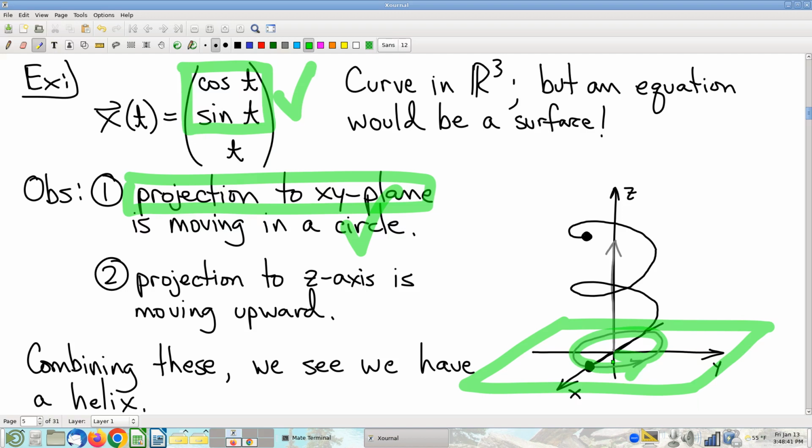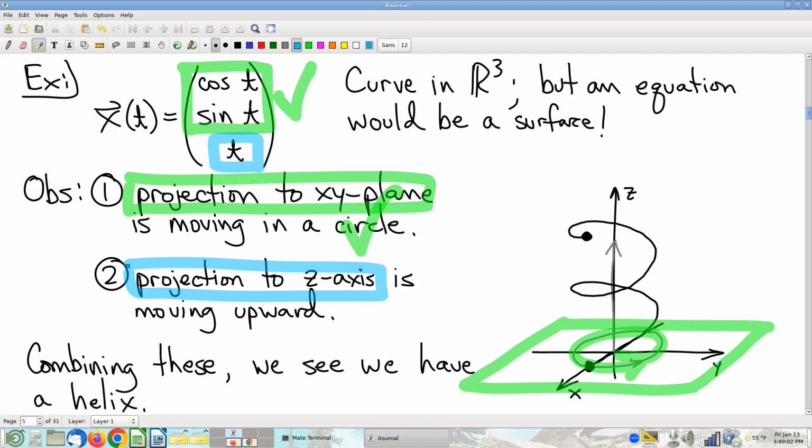But even though I haven't yet concluded what the curve is, I do know some pretty useful information. I know what its shadow looks like. And then I can make an analogous observation. Let's look at the third coordinate by itself. What would it mean if I were to look just at the third coordinate? Well, that's a projection to the z-axis.